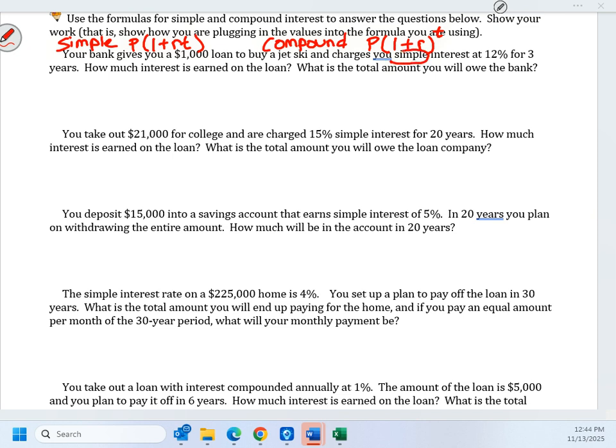You're gonna circle simple interest, so you know to use the simple formula. 12%. Which of these letters am I gonna put above the 12%? The P, the R, or the T? The R, because that 12% is our rate. That's the interest rate, the 12%.